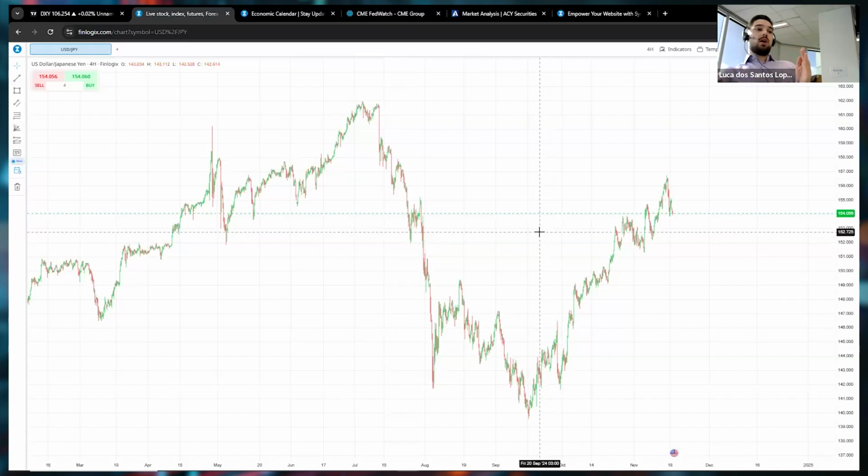In my opinion, the Japanese yen has been struggling to gain some ground in recent weeks, as we can see on the chart, primarily due to the cautious stance taken by the Bank of Japan.